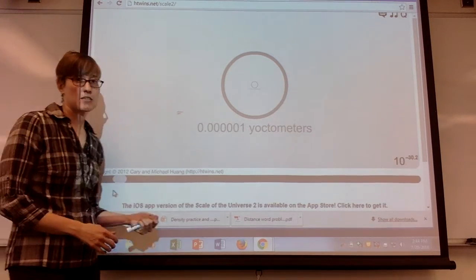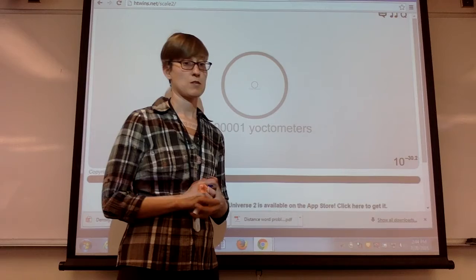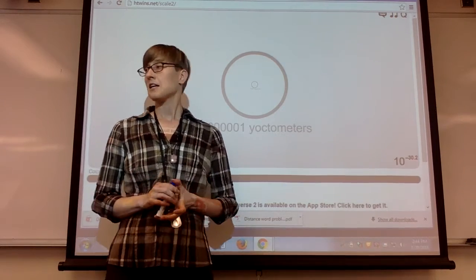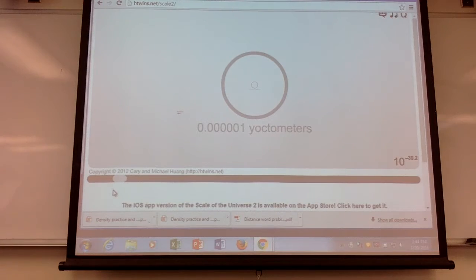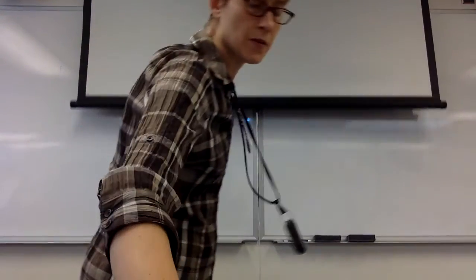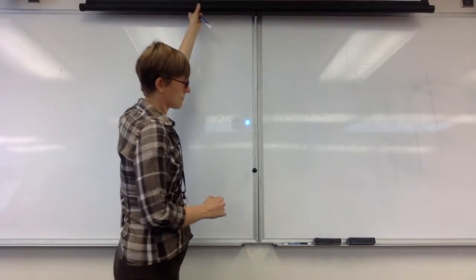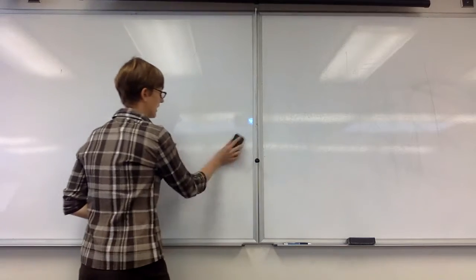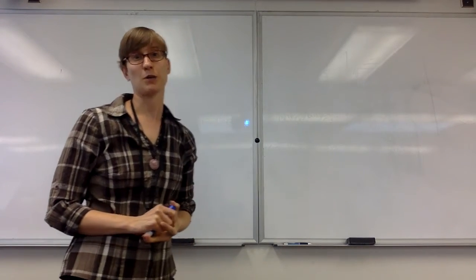For fun, I'm taking you down to the smaller measurements, but realize you don't really need to know much about this. So the point of this whole thing is that we want to talk about scientific notation today. Okay. When I talk about scientific notation, I'm talking about a way to represent really big numbers and really small numbers.